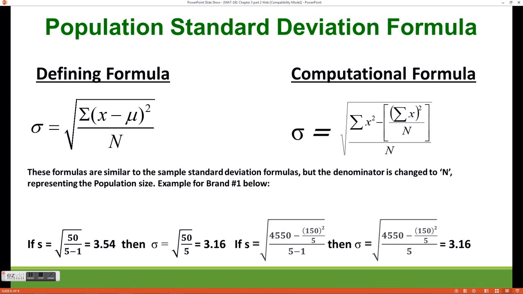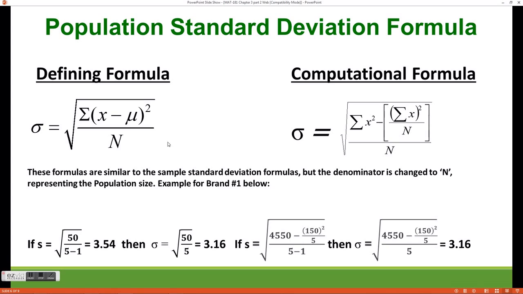Here on the screen are two formulas for calculating the standard deviation of population data. You can see many of the symbols have changed. Instead of x bar, we are now using mu to represent the mean of the population. And instead of using s, we are now using a lowercase sigma to represent the standard deviation of a population.